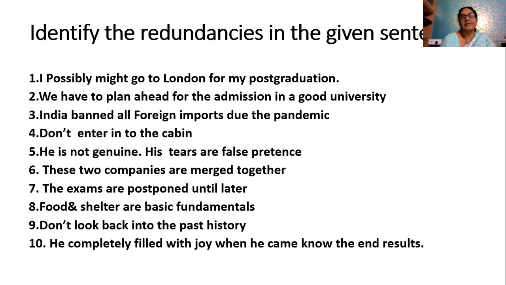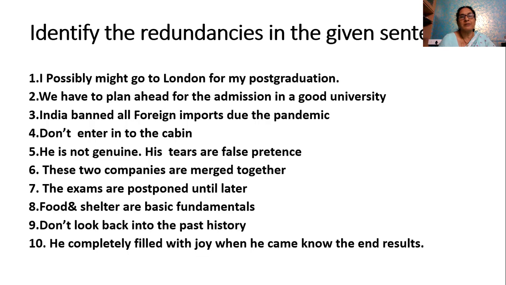Based on that I have created one more sentence here. Plan ahead. Two words are there, and both are giving the same meaning. So we have to plan for the admission in a good university. Ahead is not required. We can say think ahead, but planning is itself doing something ahead of what we are going to do in the future.